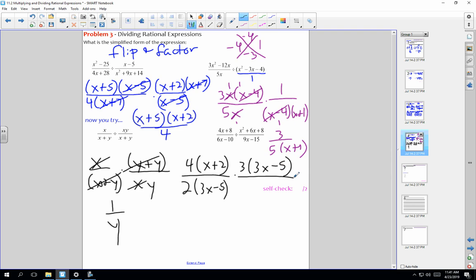X squared plus 6x plus 8, factors of 8 that add to equal 6, x plus 2, x plus 4. X plus 2's cancel, x minus 5's cancel. 4 over 2 equals 2 over 1. So I got 6 over x plus 4.